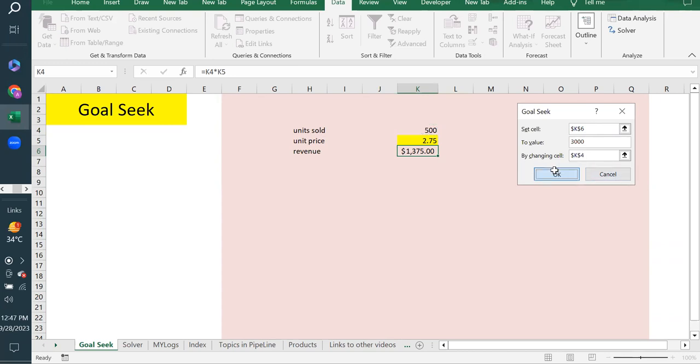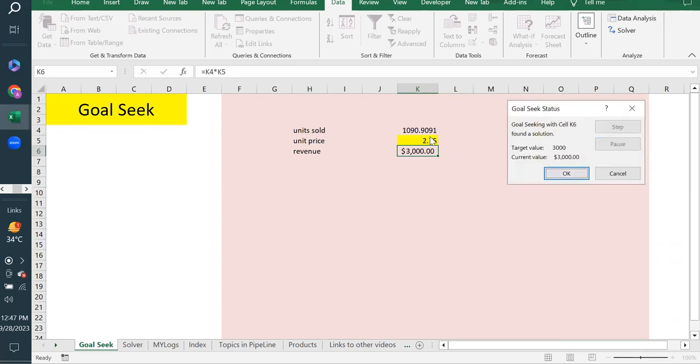So you click OK. This is going to be your solution: you need to have sold 1,090 units of a product, keeping 2.75 as the unit price. Then you will be able to get this revenue.